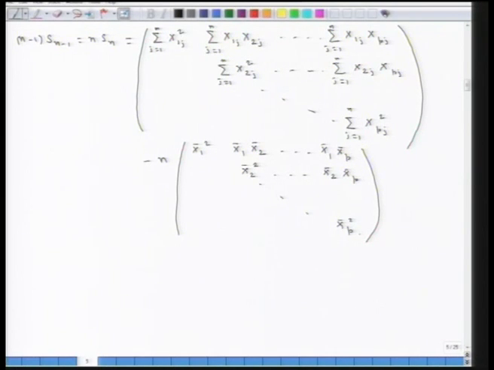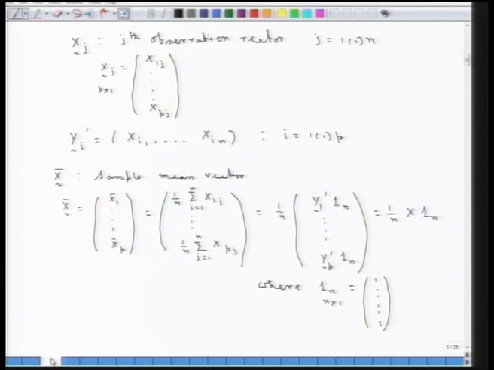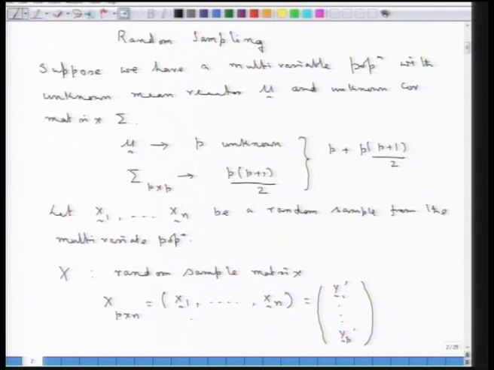So once we have written it in this particular form, it is easy to realize that the first matrix that we have written here, in terms of the data matrix X that we had introduced, is just X transpose X, right. The X matrix we had defined here, this particular matrix here, this basically is the X matrix.